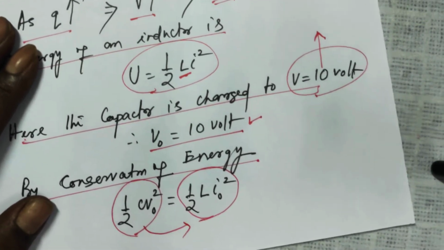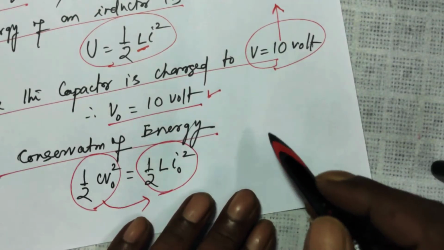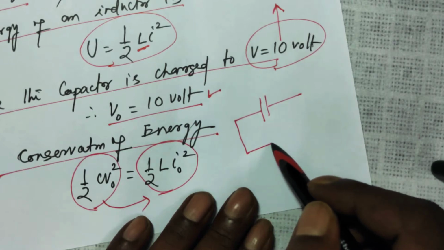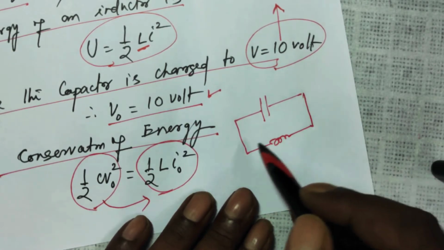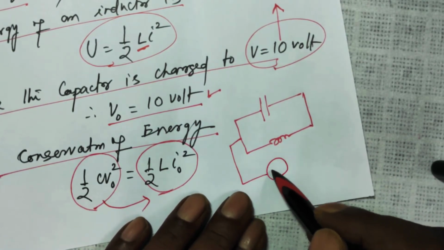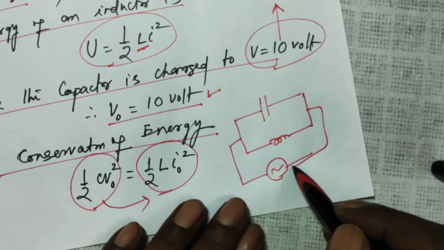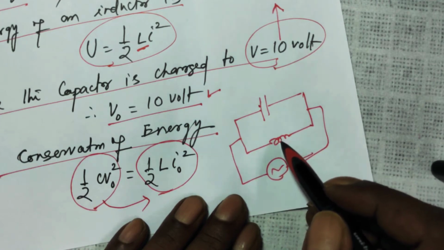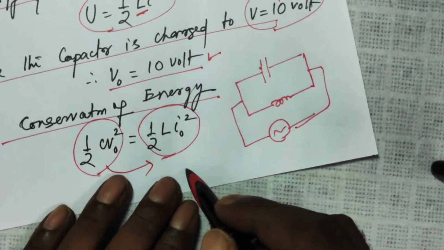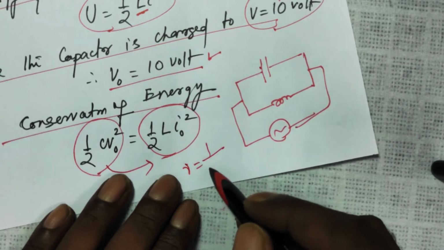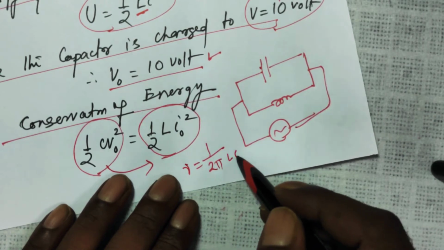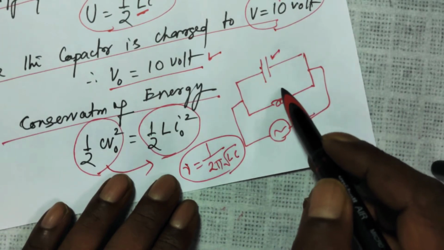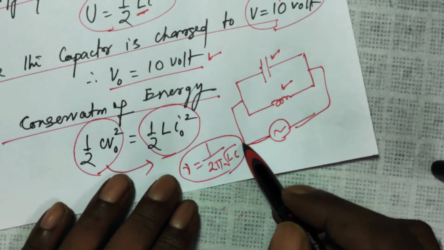I had explained before, when there was a capacitor like this in a parallel LC circuit and an inductor like this, connected to an alternating source of EMF, the capacitor was charged and at the frequency nu equal to 1 by 2 pi square root of LC, this capacitor and this inductor were not drawing any current from here.